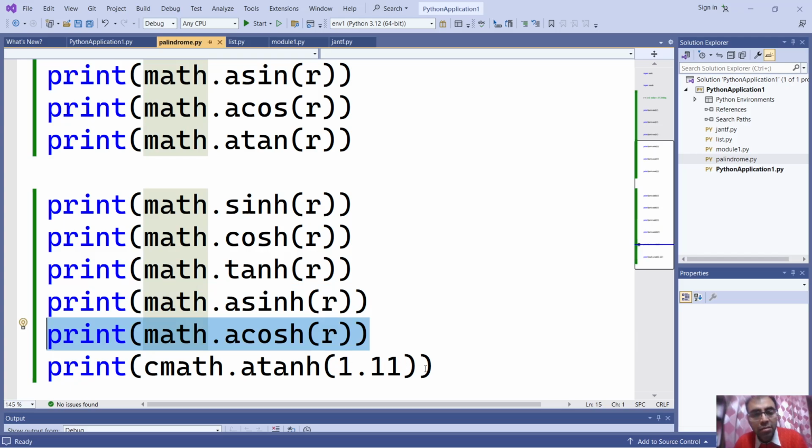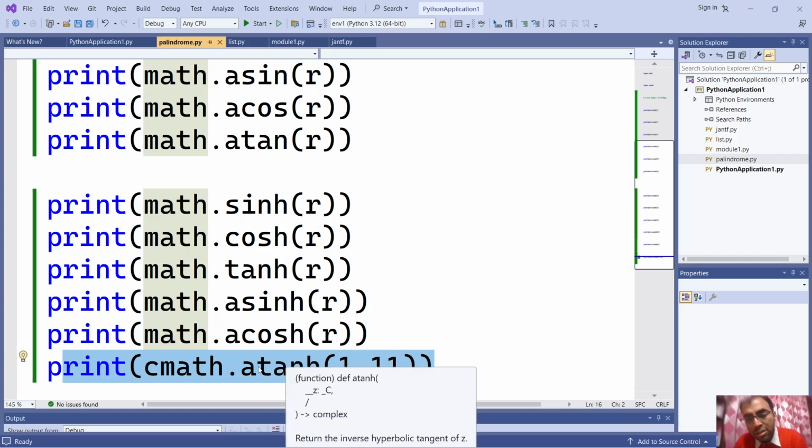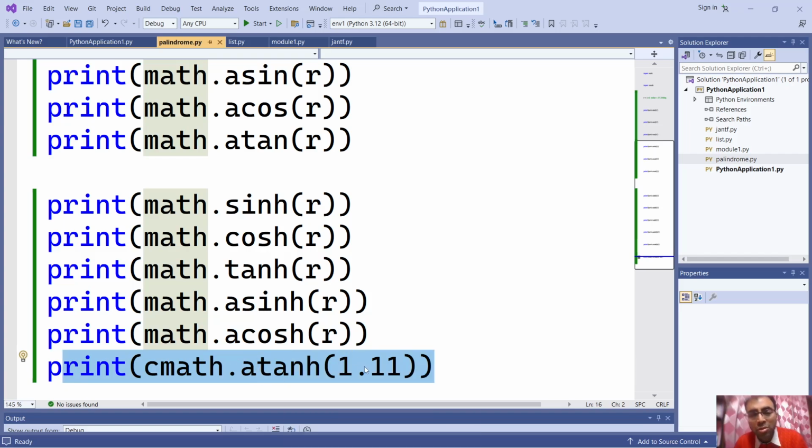And here print, okay, why I use cmath over here, and you can see something abnormal. Instead of radian, I've used 1.11. Why? Because of limitations of mathematics, and I have run this code many times before coming up with this video. On many occasions I was getting complex numbers, or some sort of infinite, or exceptions, some sort of unnatural results.